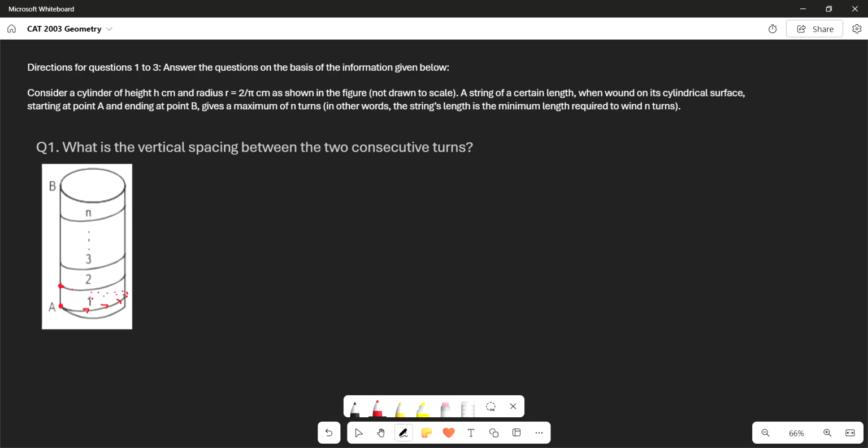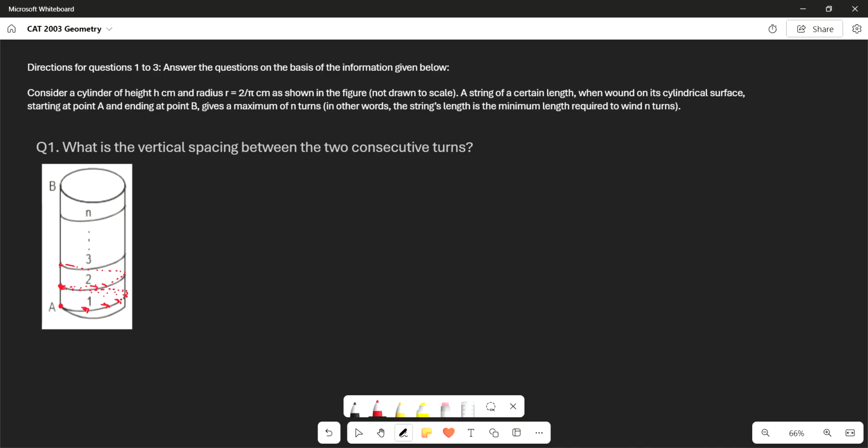So you will complete one round from this. Again I'm showing, you will go like this, then from the opposite side you will reach this point, right? From here you will again come like this, and you will meet at this point.